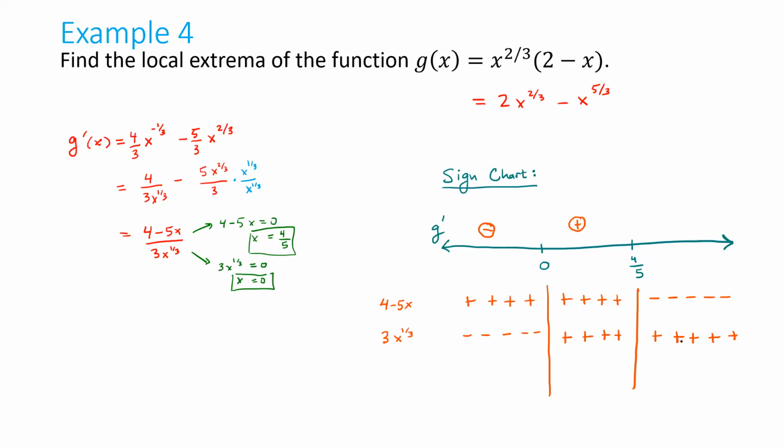And then a negative divided by a positive will be a negative value. So here we see G prime is negative on this interval, so it's decreasing here. G prime is positive on this interval, so it's increasing here. And then negative on this interval, so decreasing here.